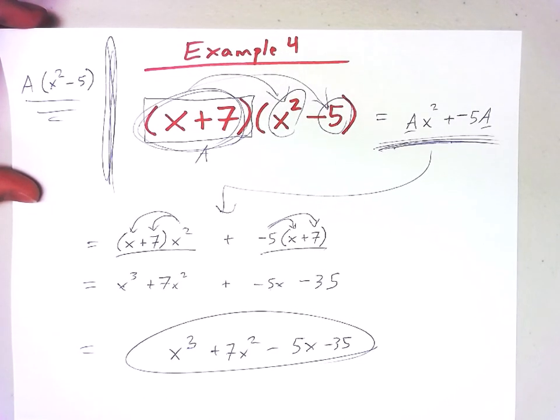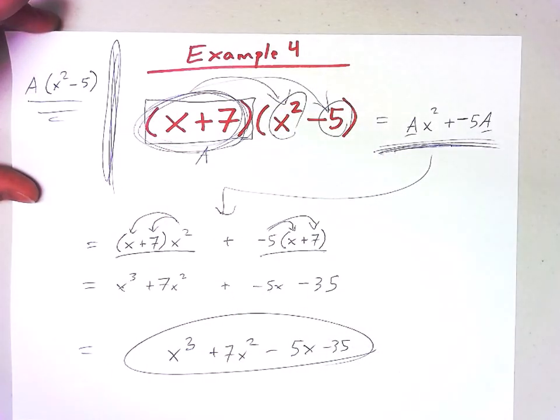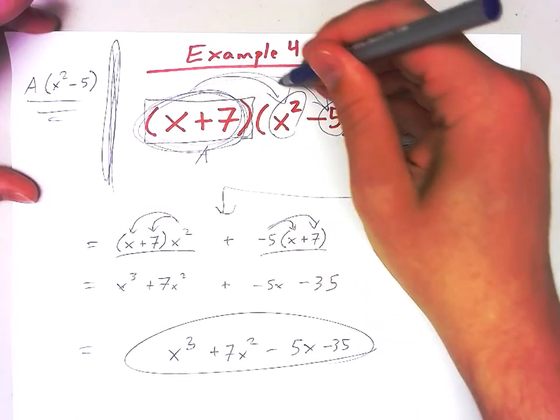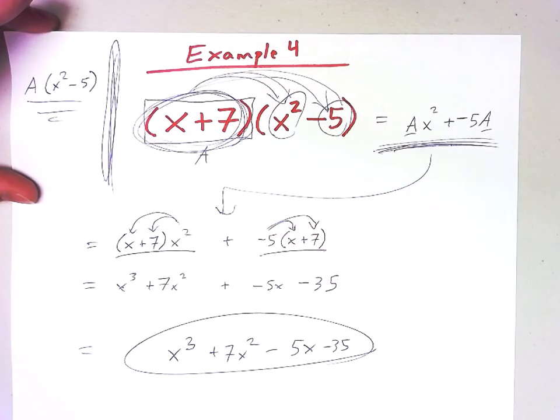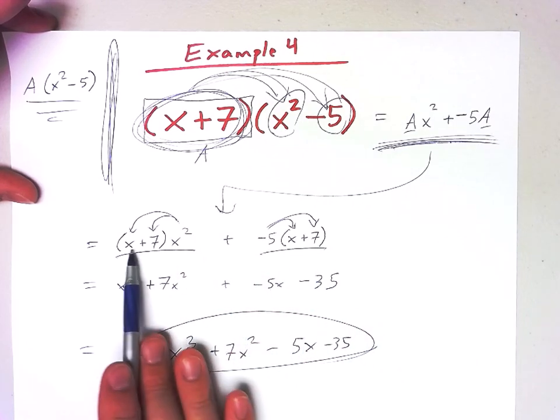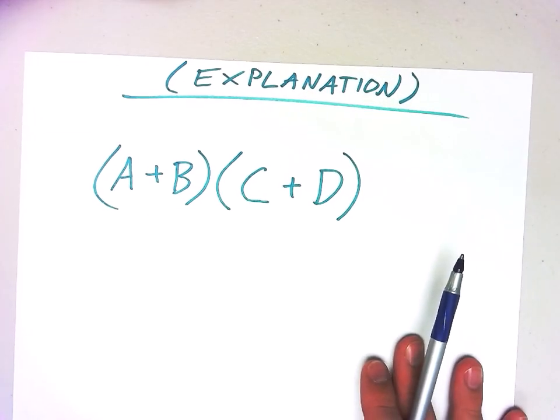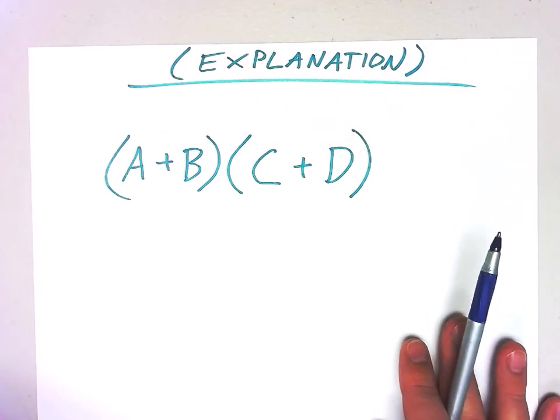But basically just view the first polynomial as one thing, multiply it times all the terms in the second polynomial, and then go through and do the distributive property for each of those pieces, and bam, you're done. So it's just applying the distributive property multiple times.